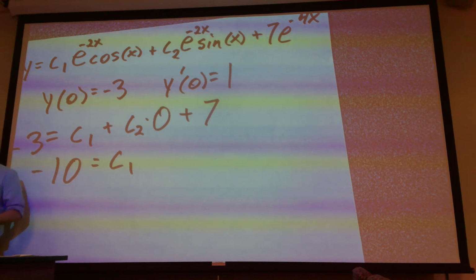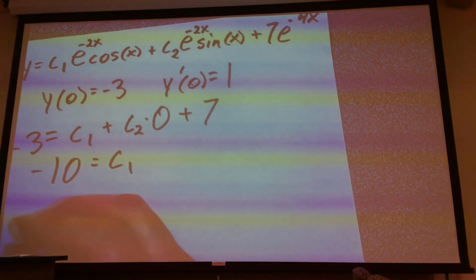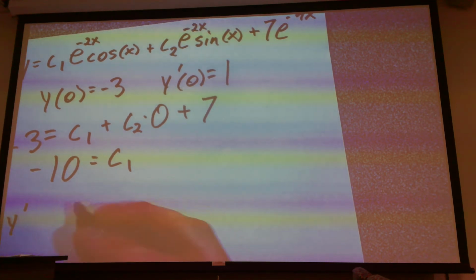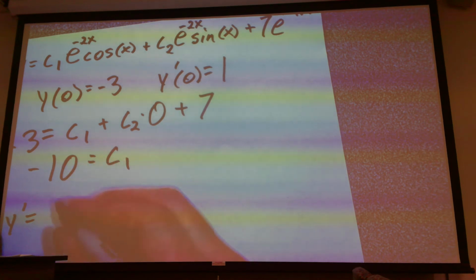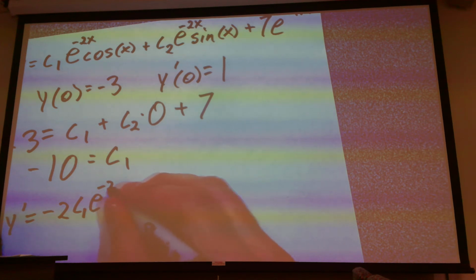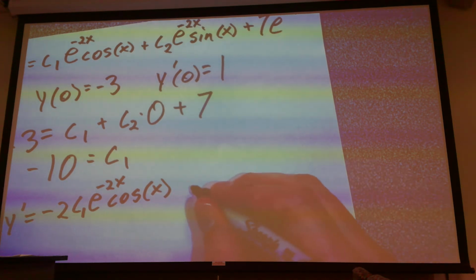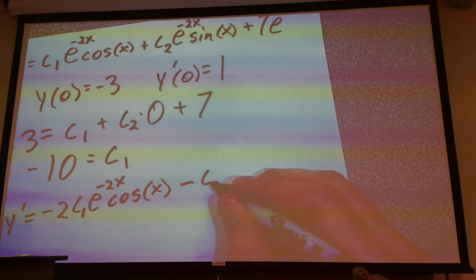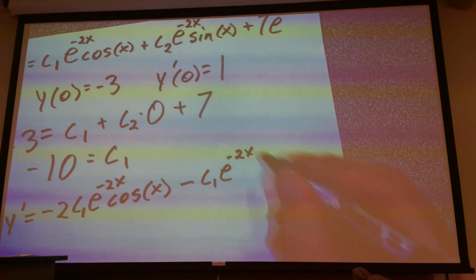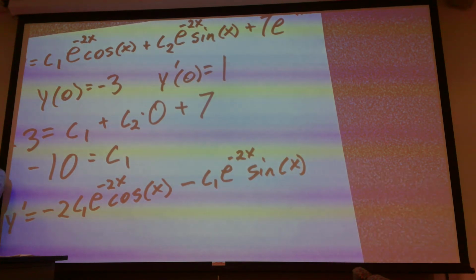All right, this next one is a bit trickier. So I might have to do 2 lines just so everybody can see the full thing, because I don't think I can fit this on 1 line. Okay, so let's have a look at what y prime is. Okay, that's just the derivative of the first term.